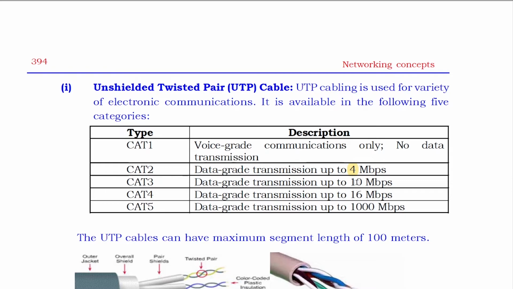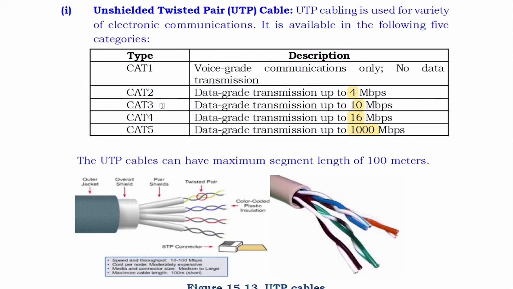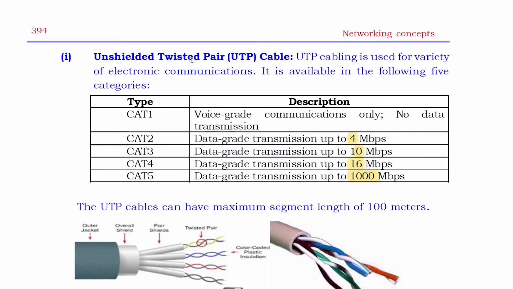Category 3, up to 10 Mbps. And DGM, from 16 Mbps up to 1000 Mbps. This is unshielded twisted pair cable. The drawback of unshielded twisted pair cable is that it is susceptible to electrical interference. That's why it is less commonly used. So that's something about unshielded twisted pair cable.